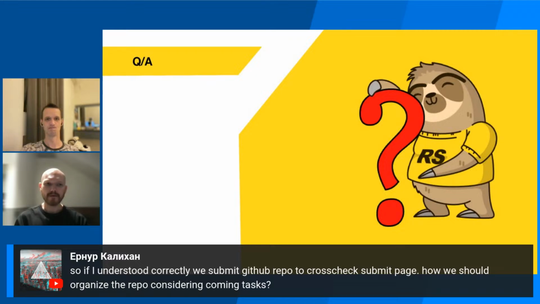But feel free to use any structure you want. I think it's not really connected to the course itself or to the tasks, but to your own convenience and to the convenience of the people who review your code as well.